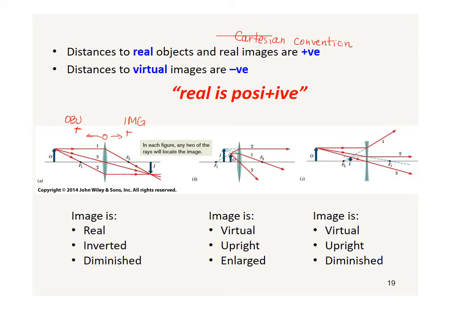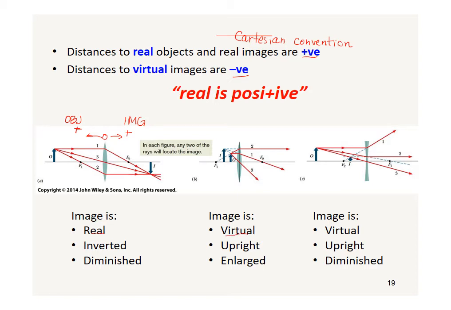So for a real image and a real object, the distances are going to be positive, and the distances to virtual objects and images are negative. So the distance to the image is going to indicate to us whether it is real or virtual.